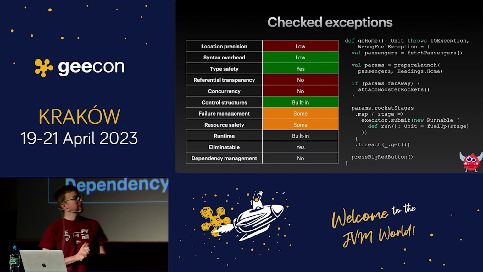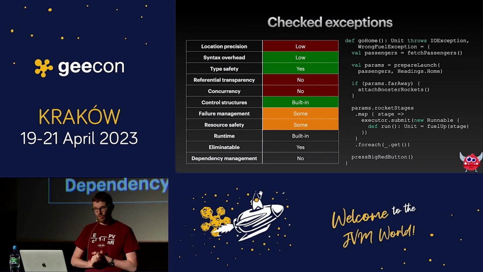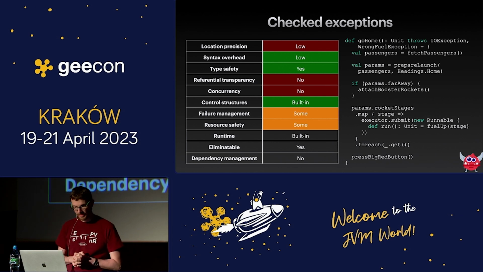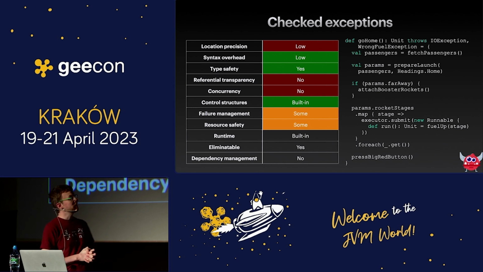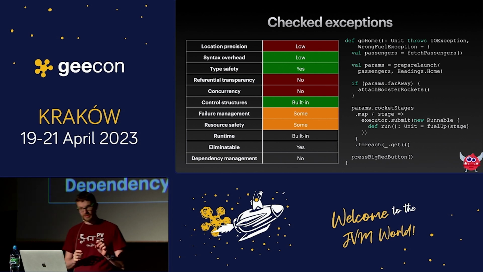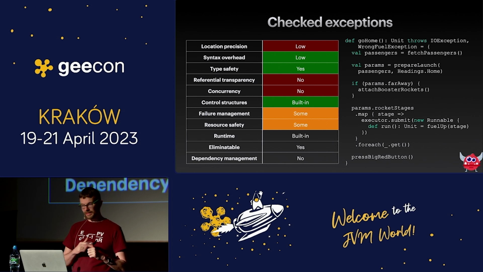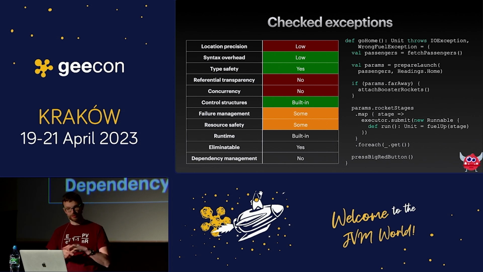So let's look at our characteristics over here. How does this effect system actually behave? So location precision, what does it mean? Location precision is, can you actually see from the code where the side effects happen? So we can see that we can get an IO exception or a wrong fuel exception, but we cannot really see from the body of the method where the effectful computations are, right?